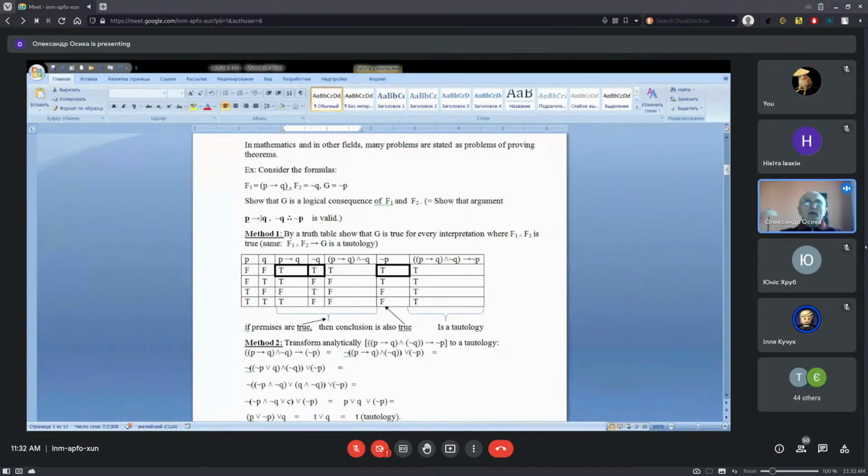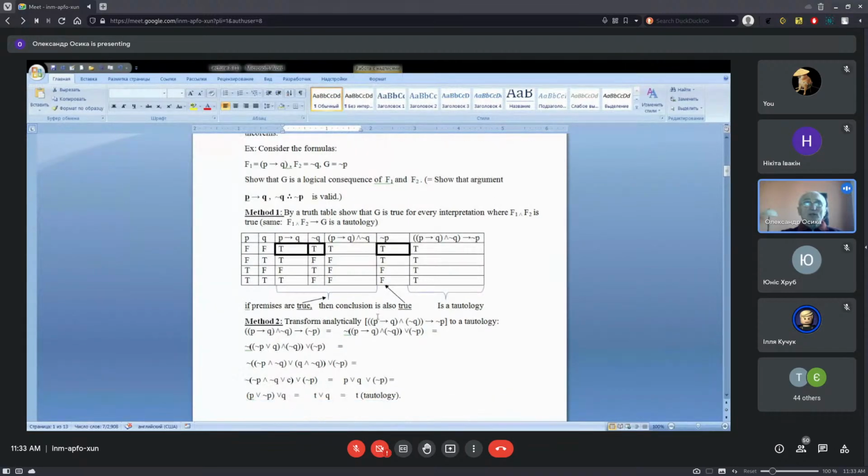So how can we prove the validity of the argument? Method 1. By constructing a truth table, we can show that G is true for every interpretation where f1 and f2 is true, or the same, that f1 and f2 implies G is a tautology.